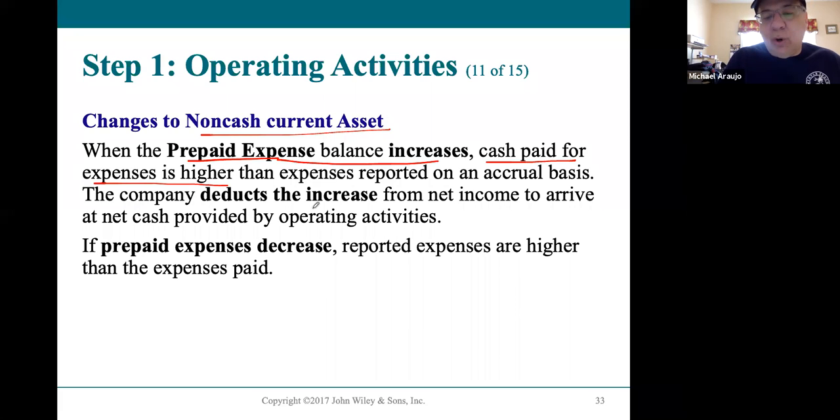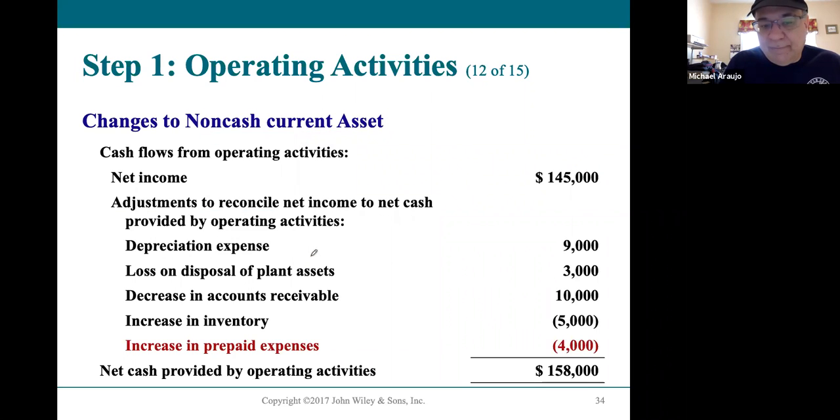And so you have to take that away from your cash flow because you have less cash. However, if prepaid expenses are going down, you probably saved cash and you would add it. So in this case, the increase in a prepaid expense like prepaid insurance meant very likely you had to use cash for it. And so we take it away on our cash flow statement, because the cash flow statement only looks at cash.